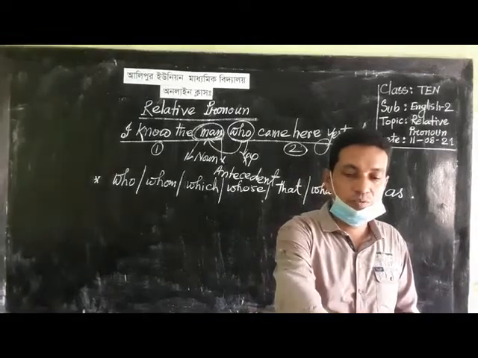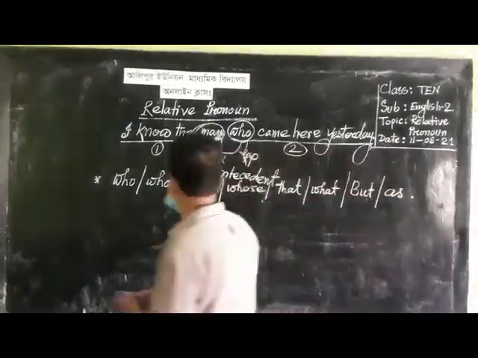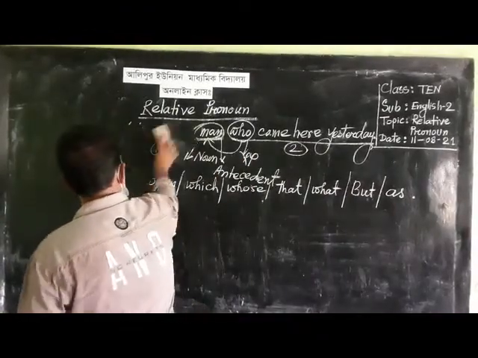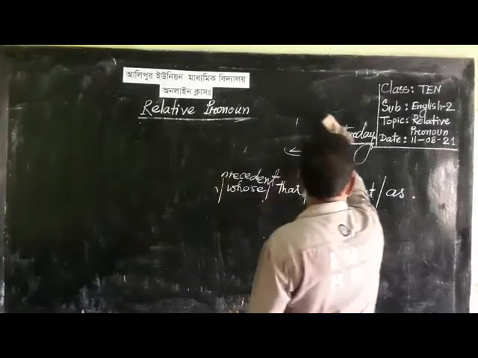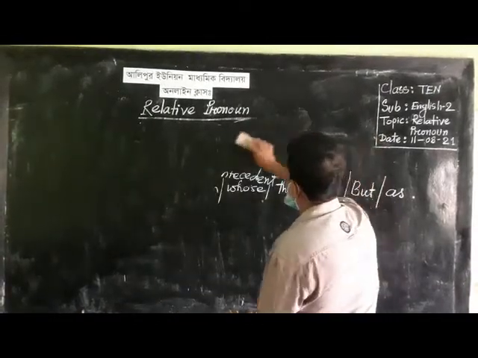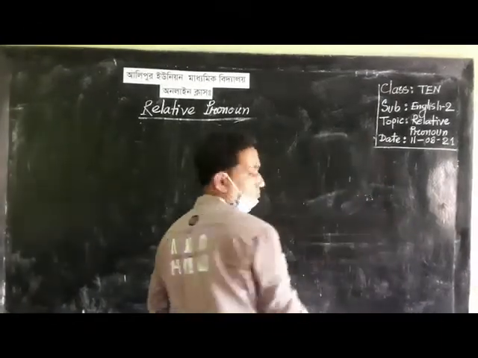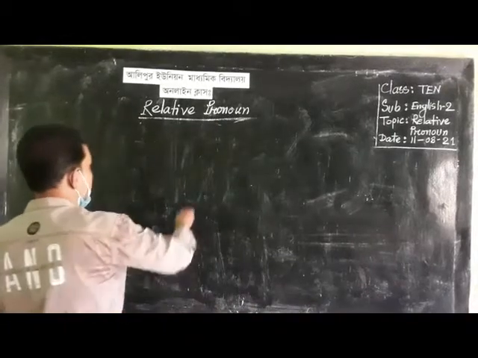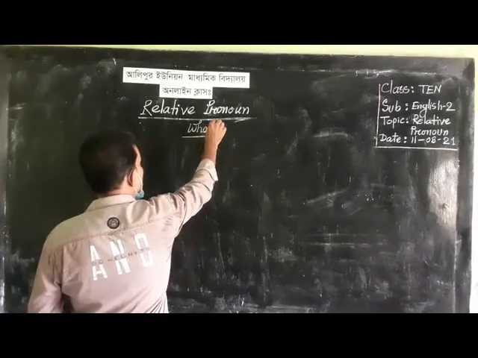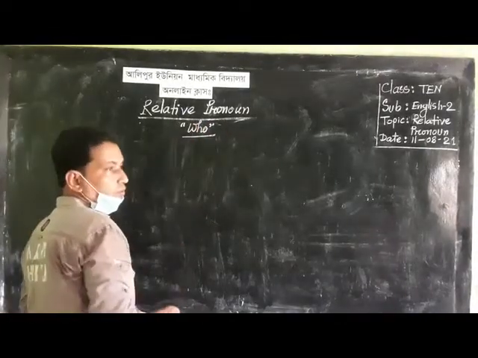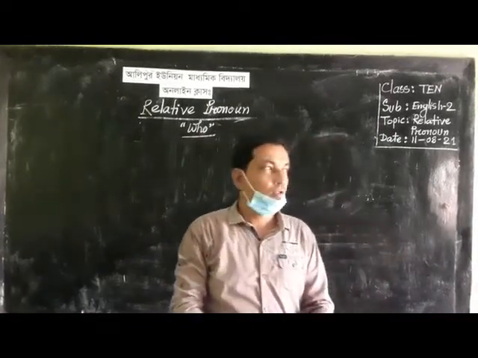At first I will show you the use of who. Who is a relative pronoun, and it indicates a person.